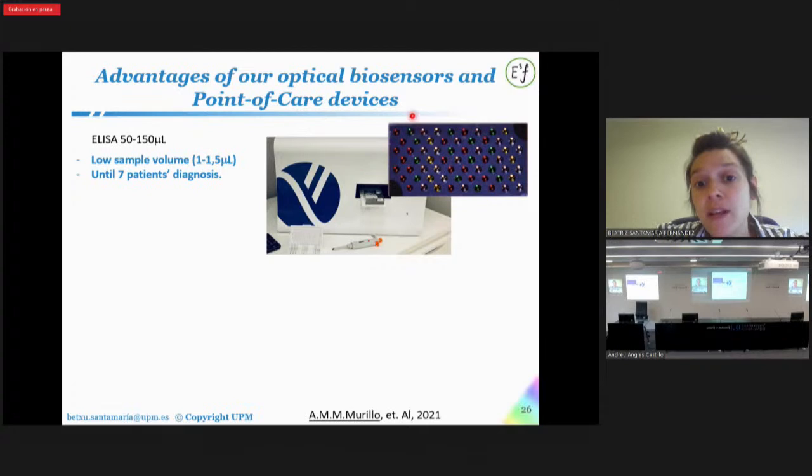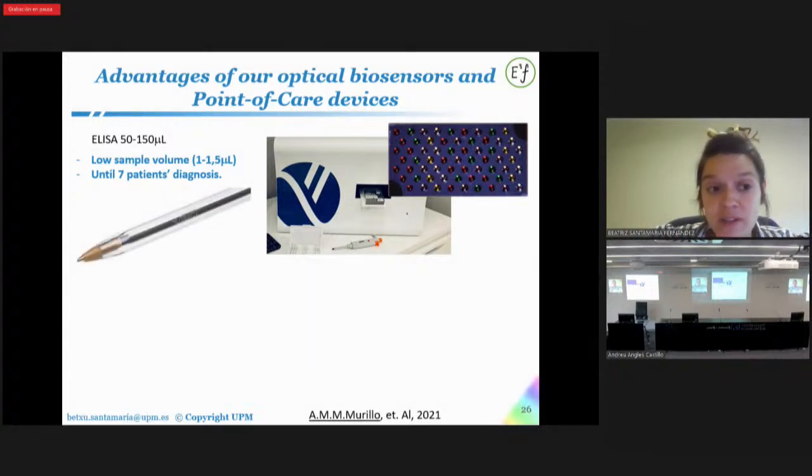Nowadays we are performing the diagnosis of 7 patients in one kit. We have 65 diagnoses to perform, but we want several replicas to be sure of our data. So we are performing the diagnosis of 7 patients. Imagine the volume that we are using.